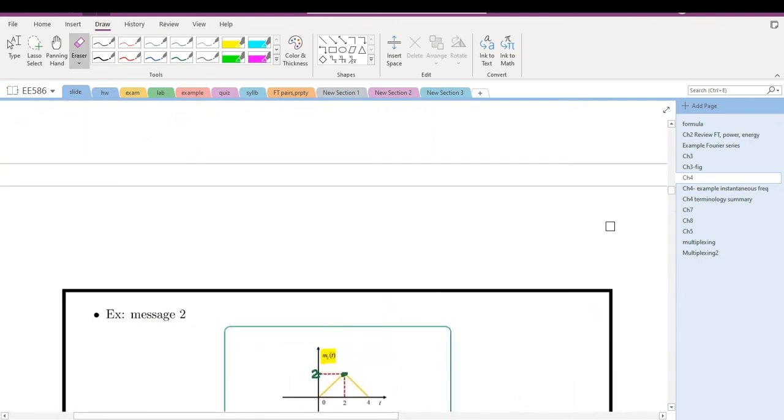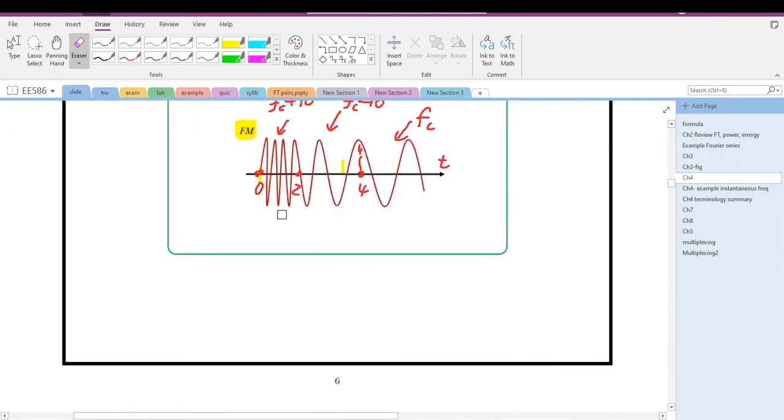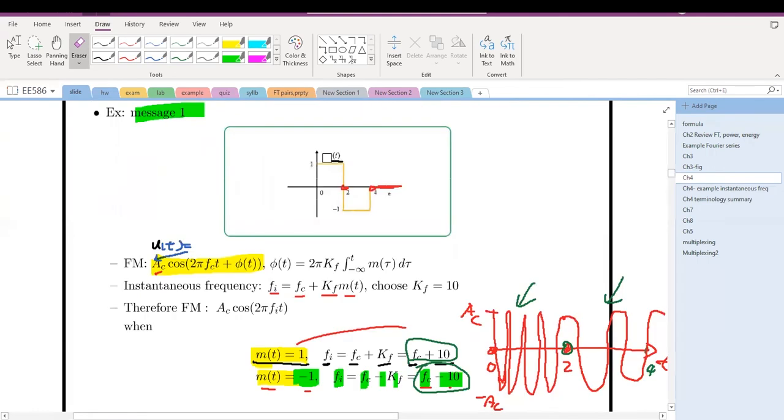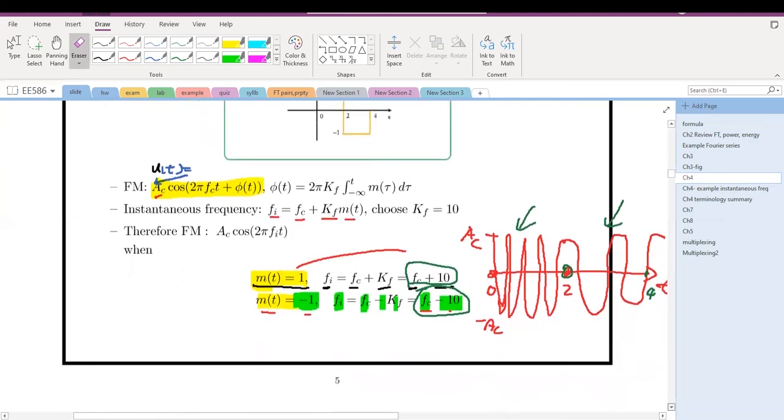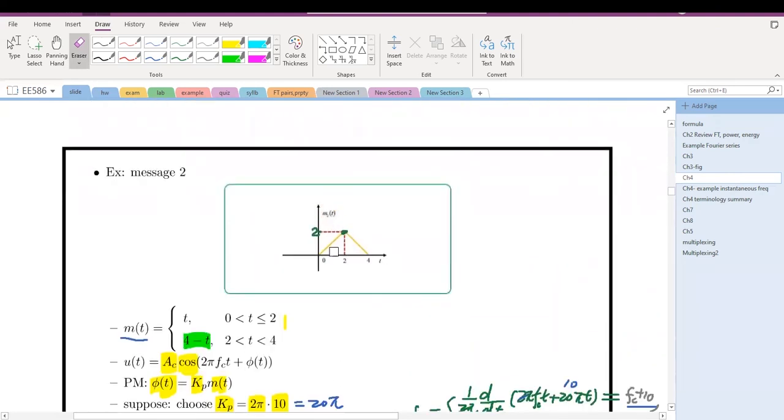From these two examples, we can see FM and PM really can share the same waveform of the modulated signal, but the message is different. You can see the first message is the derivative of the second message. If I take the derivative of the second message, I get 1 and minus 1.